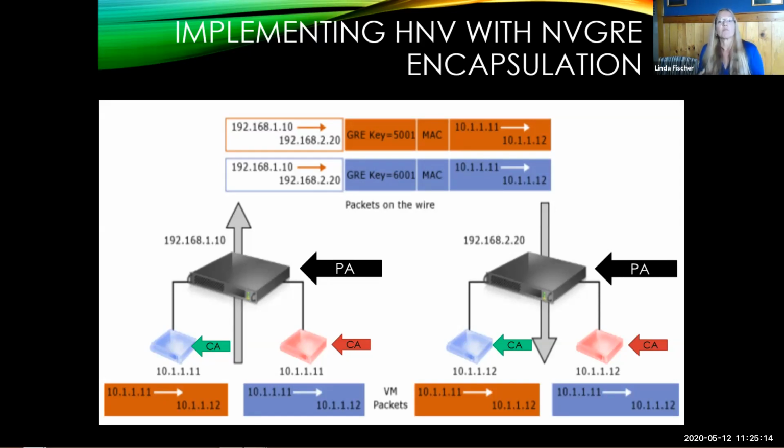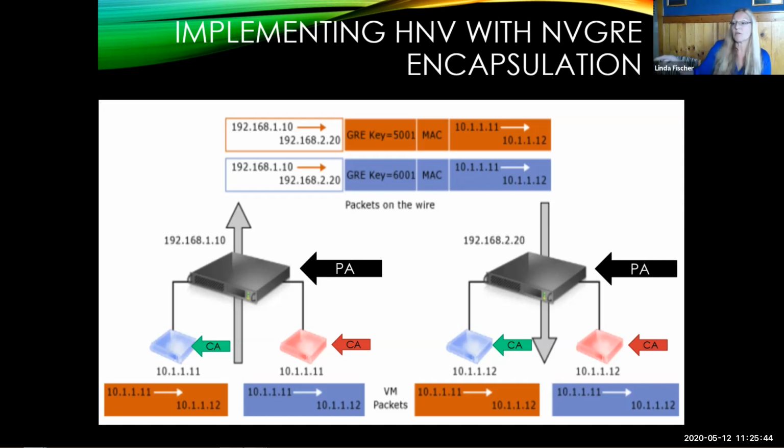The CA is used by the virtual machine and configured on the virtual machine adapter in the virtual machine guest operating system. The PA is our provider address, and that's assigned by HNV and used by the Hyper-V host. So you can see that each Hyper-V host is assigned one PA address. So we've got host 1, which is 192.168.1.10 for our PA address on host 1.